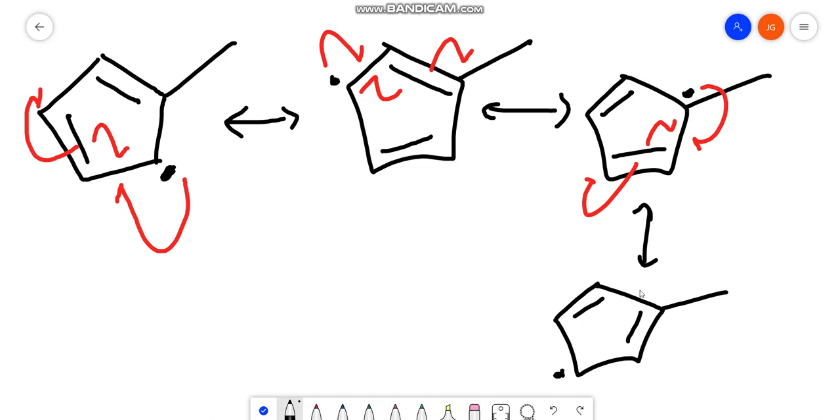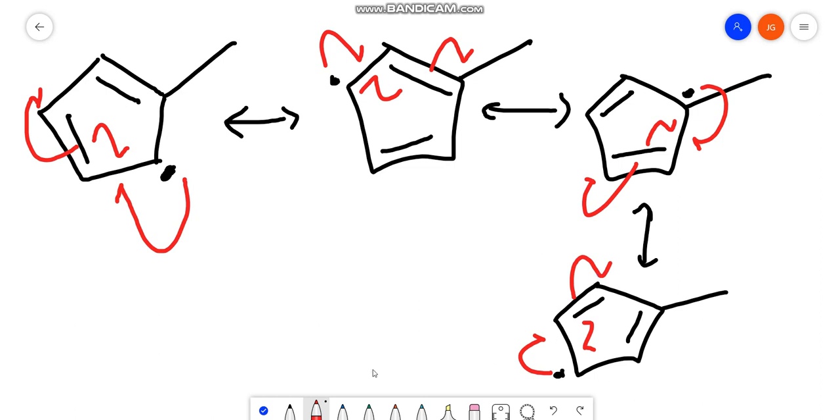Okay? And so finally, we have to be able to get back the original structure. So again, we're going to follow this pattern. I'm going to move this electron up here. And notice again, pattern, there's an adjacent double bond here. So we're going to bring one electron here and one electron up here.